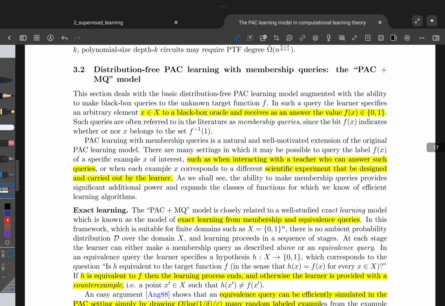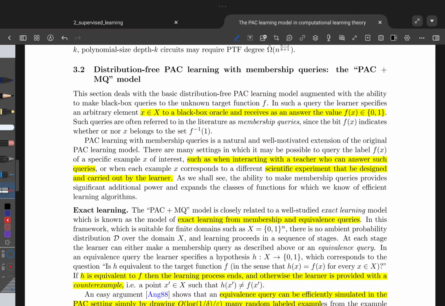All right. So basically you want to learn a target function f, you receive say m samples, and after looking at these m samples, the learning algorithm is allowed to ask questions of the form, what is the value of f of this particular string?